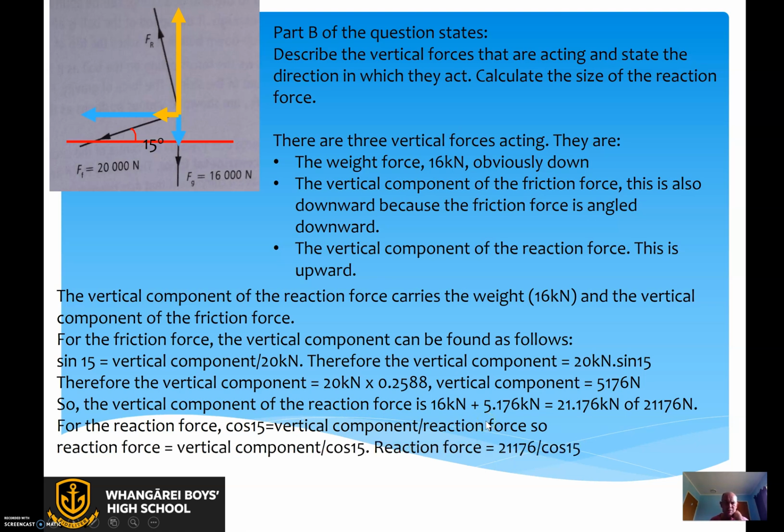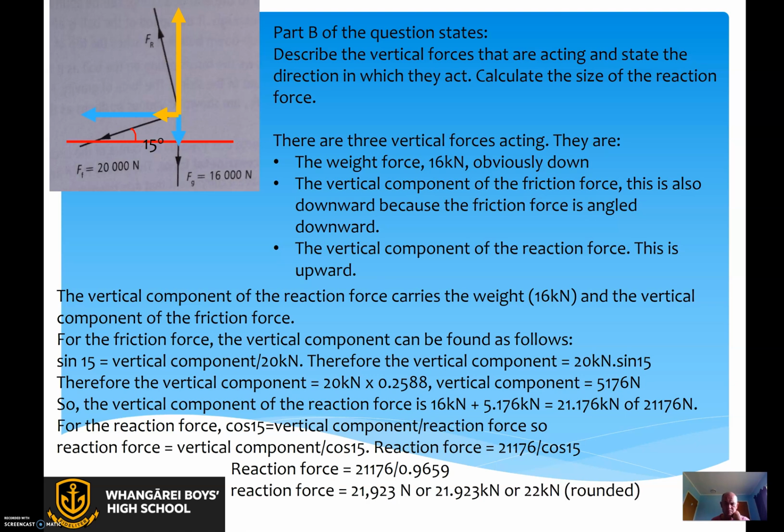The reaction force is the vertical component divided by cos 15. And there it is there, 21,176 divided by cos 15. The cosine of 15 is that number, pretty close to 1. The reaction force is 21,923 newtons, or as the answer book says, rounded to 22 kilonewtons.